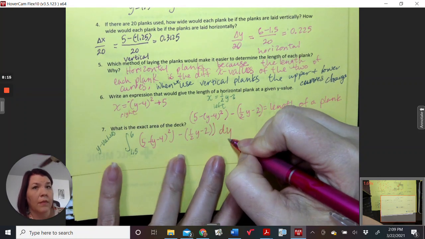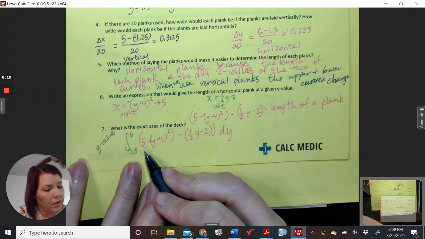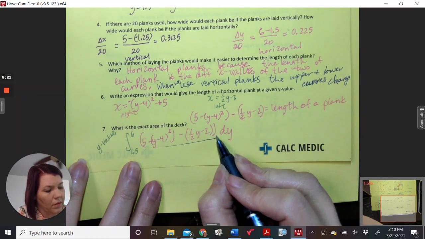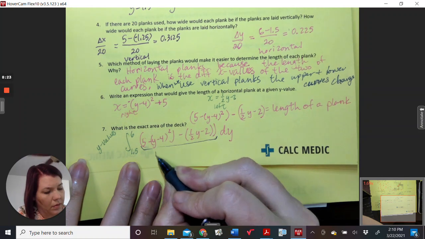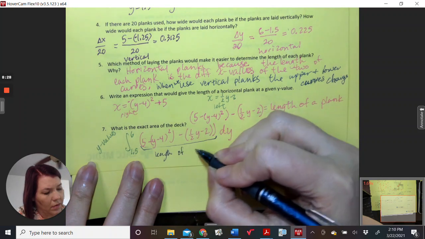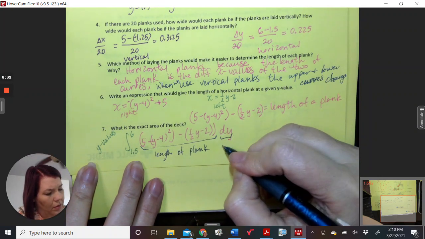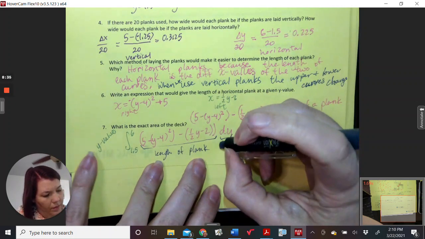So we have the length of the plank and the width of the plank.